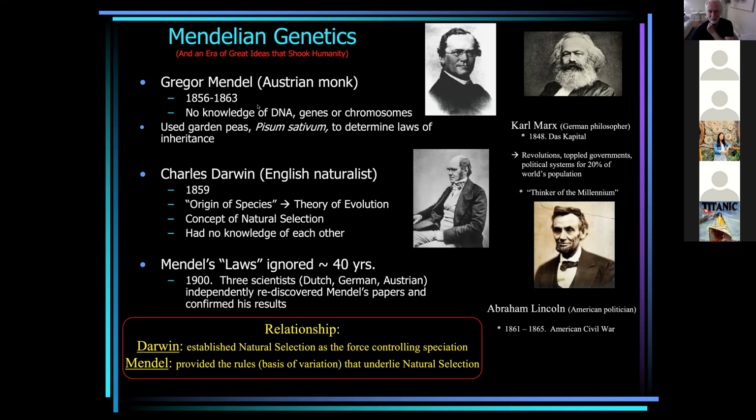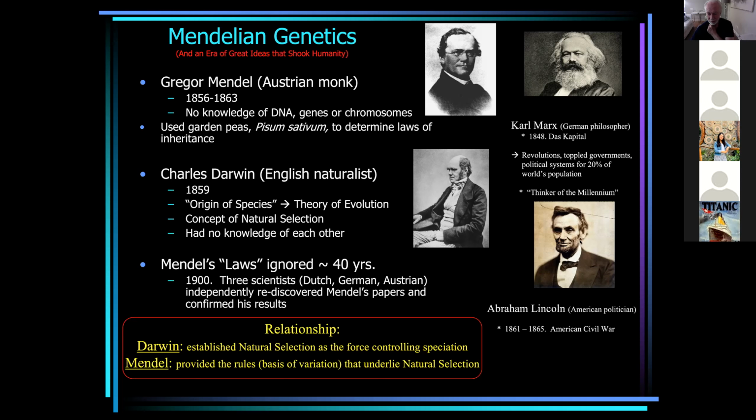And I just mentioned a couple of others, great ideas and great events. For example, Karl Marx in this same period was thinking about economics and writing about it, and he posed a number of theories which are still affecting policies and politics today.